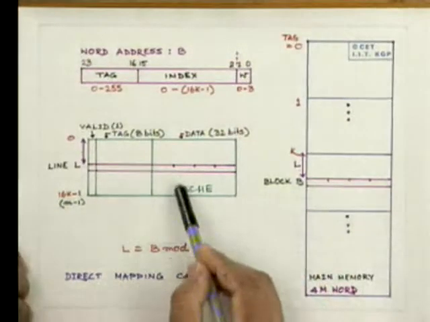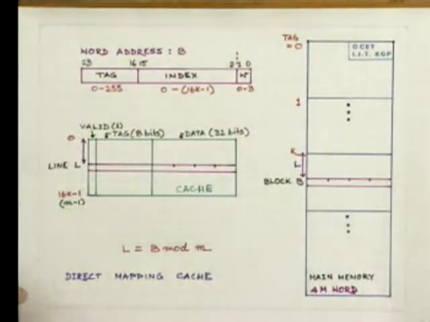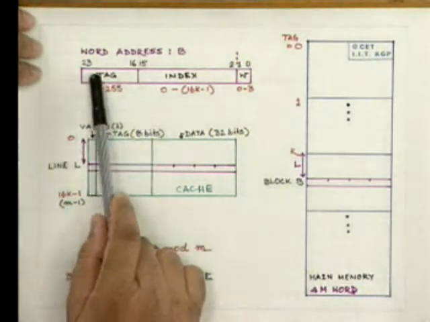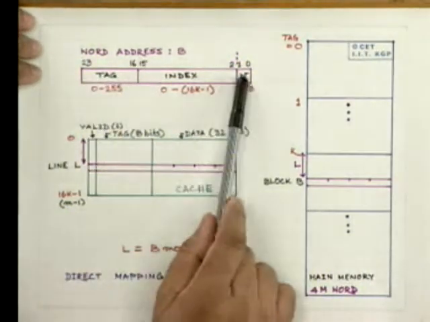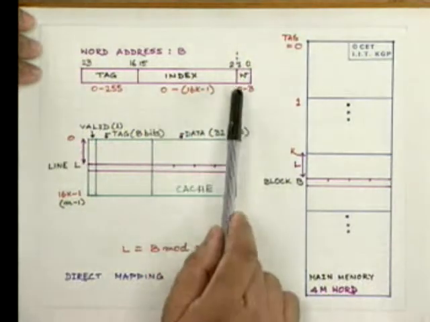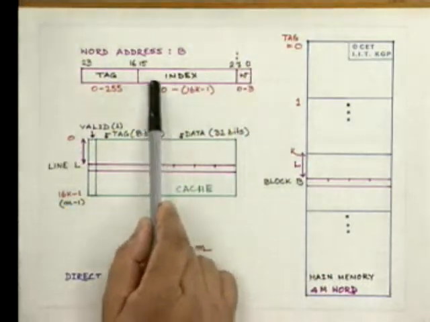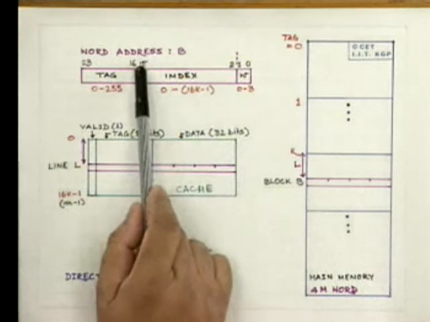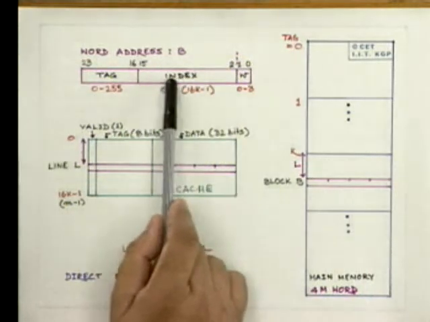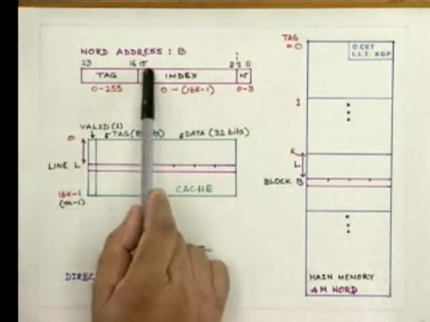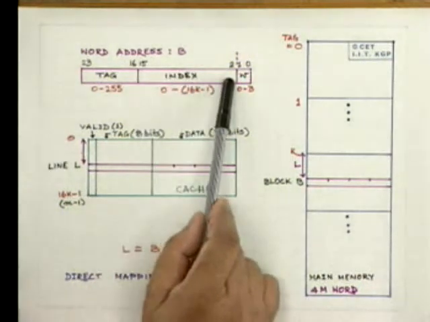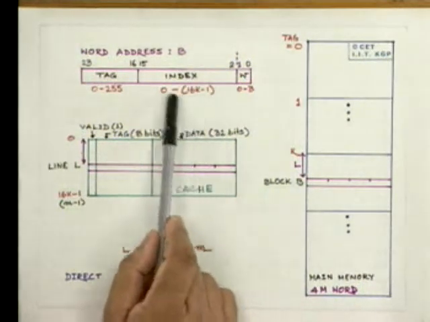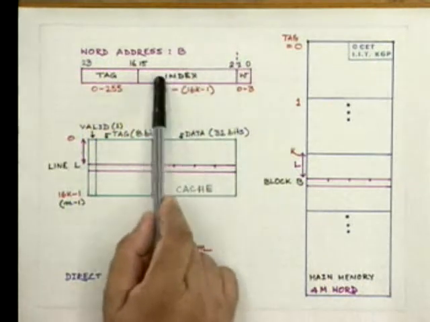Now, keeping this in mind, let us take this word address and divide it into 14 bits here, from 2 to 15, which we call the index. This 14 bits accounts for these 16K addresses.